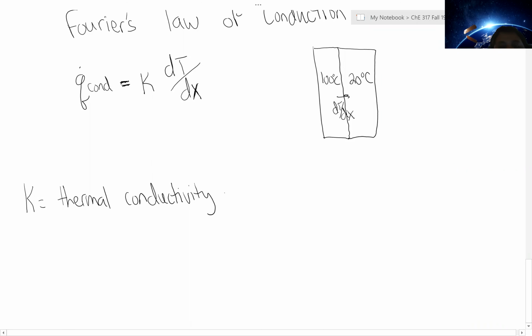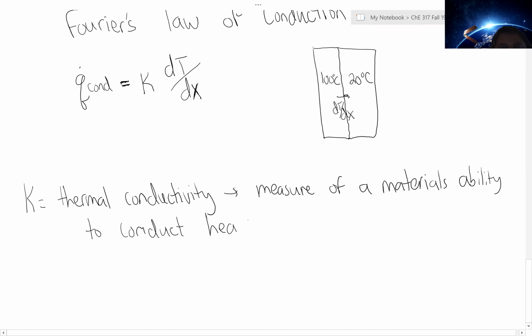This thermal conductivity is a measure of a material's ability to conduct heat. It's also important to consider that this is an intrinsic property that is unique to each material.